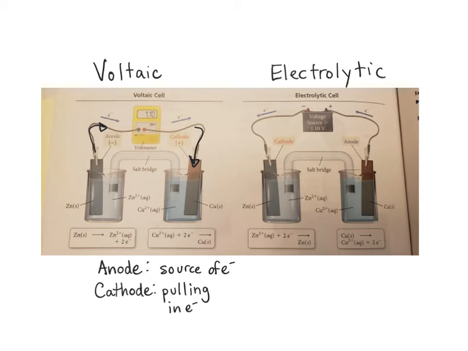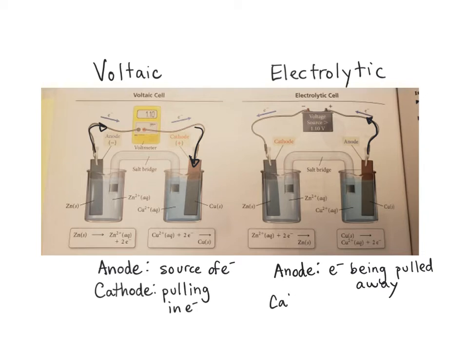On an electrolytic cell, the anode, you might think of it more as the place where electrons are being pulled away. So notice in the electrolytic cell now the copper electrode is our anode, and electrons are leaving here, and they're not so much going on their own accord as they're being pulled away by the voltage source.